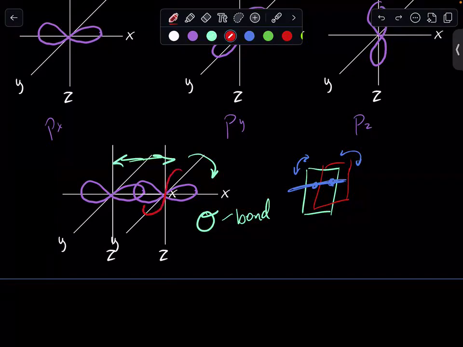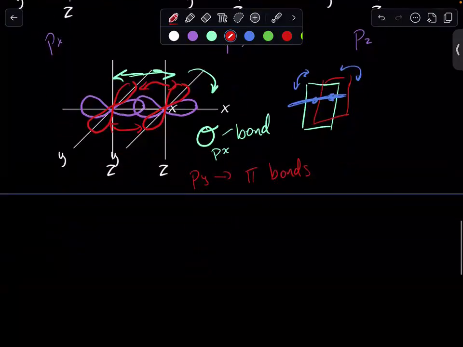So we could have our 2 orbitals here now try and bond our PYs. So this would be our PX making that sigma bond. But the PY orbitals want to bond as well. And so PY would form our pi bonds.